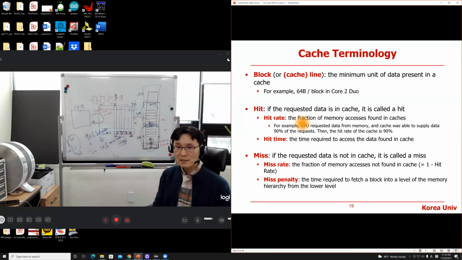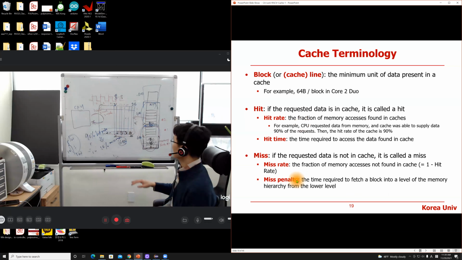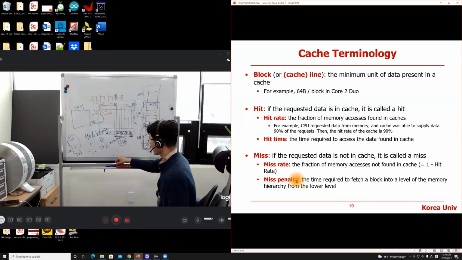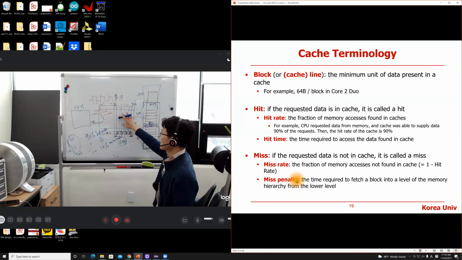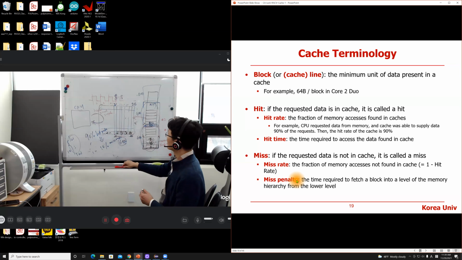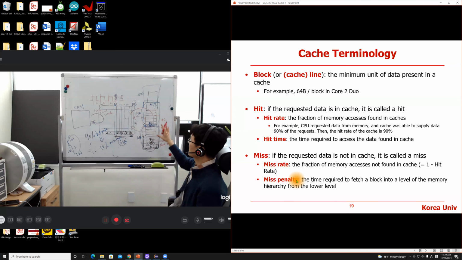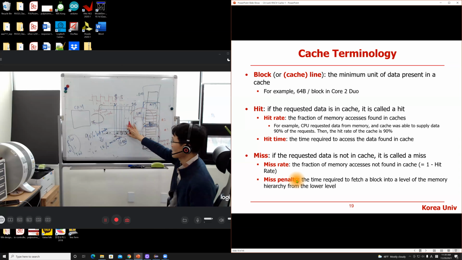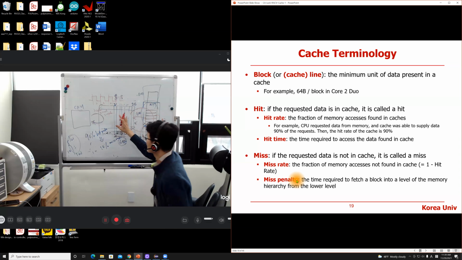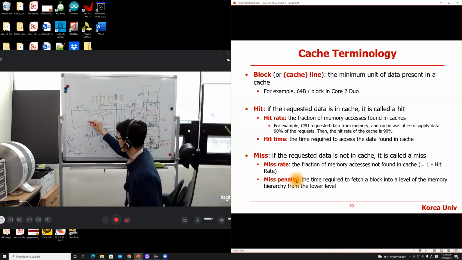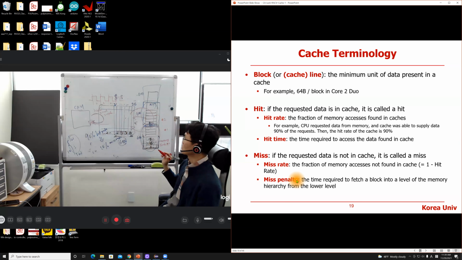Miss penalty, the last one. Miss penalty means additional clock cycles. The cache is not holding the information the CPU requested, right? Then the information should be copied from main memory to cache first. Then the cache can provide the data to the CPU.